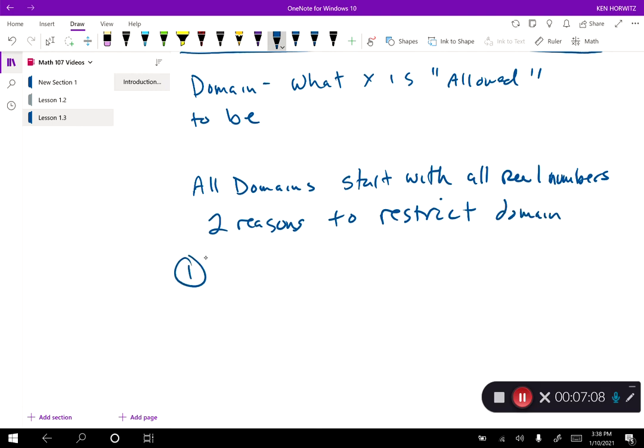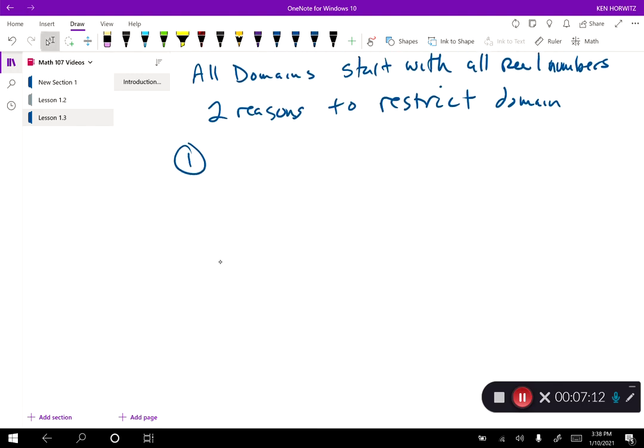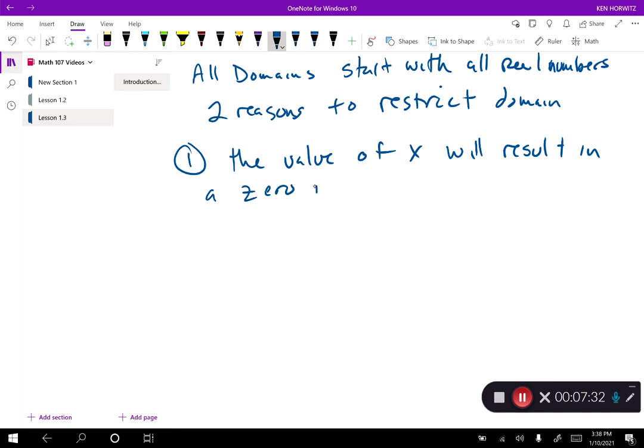The first reason is the value of x will result in a 0 in the denominator.